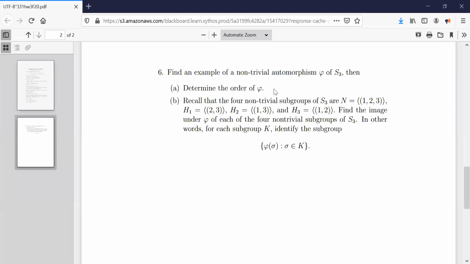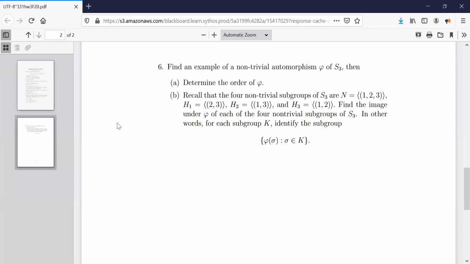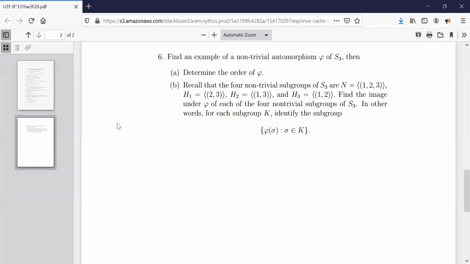The order of phi. So that is a good question. I believe that it is talking about the permutations that you're doing on it.